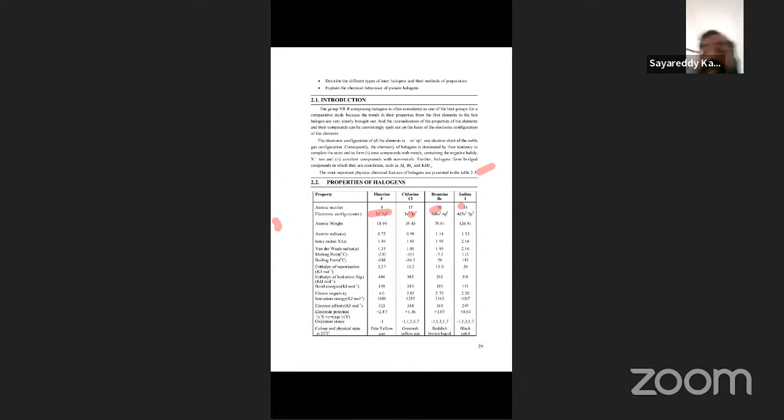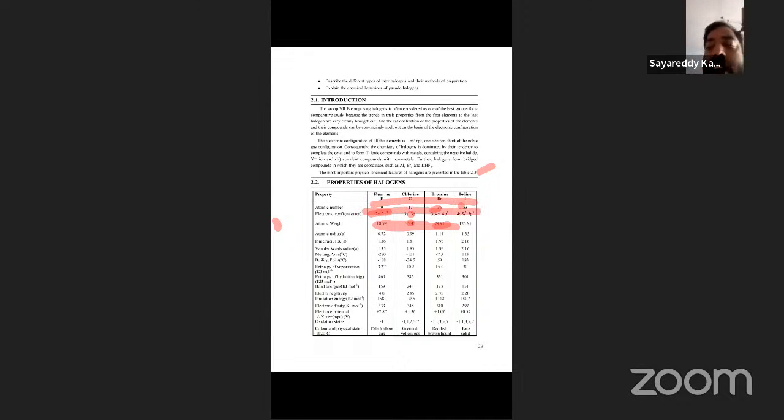Then bromine is 79.9, which means 80. And iodine is 126.9, which means 127. So these are the important ones: atomic number, electronic configuration, and atomic weight.